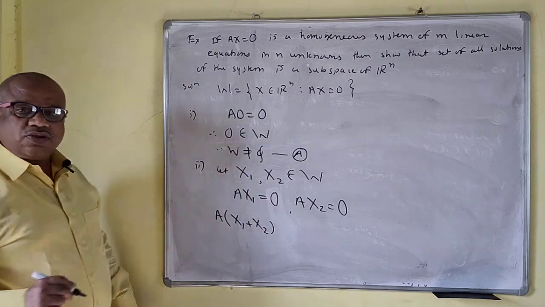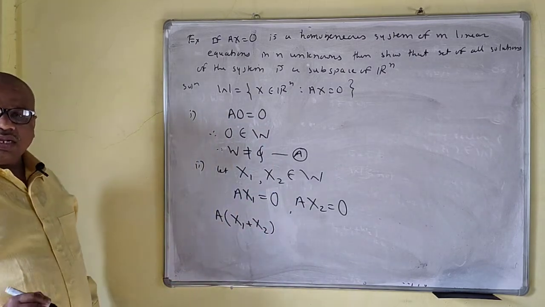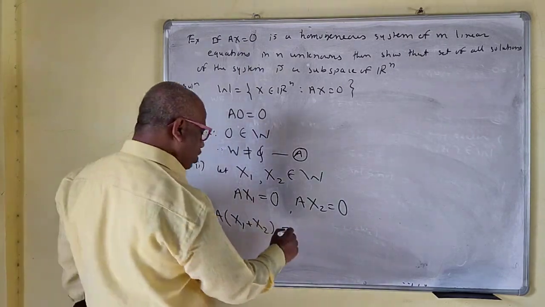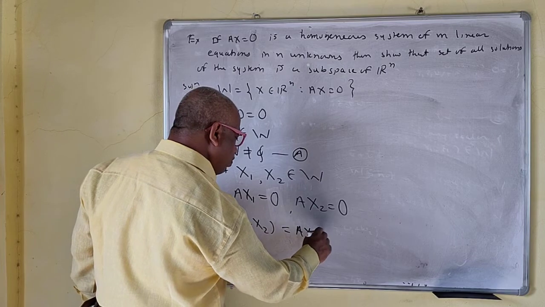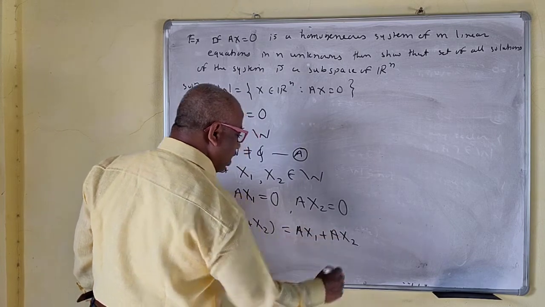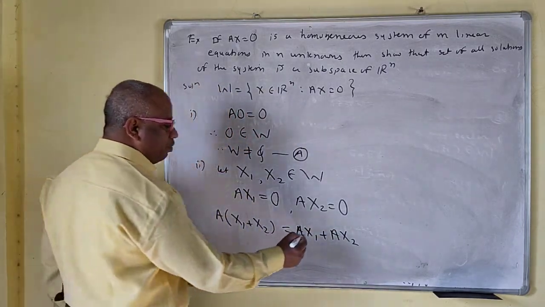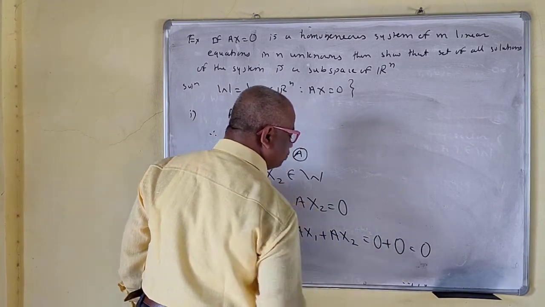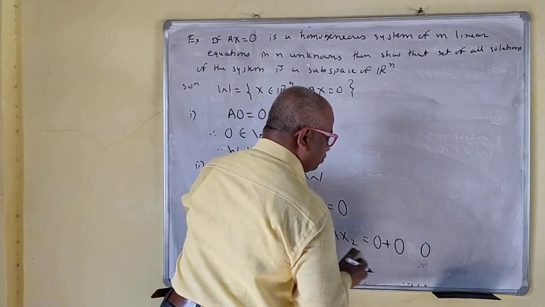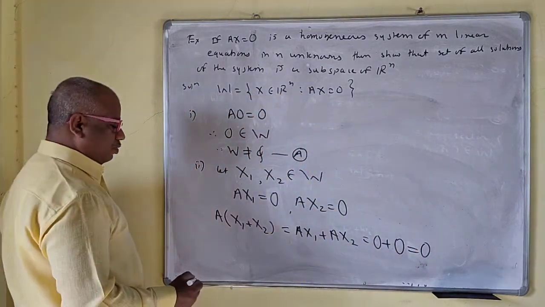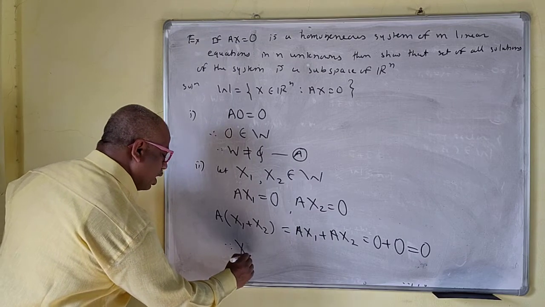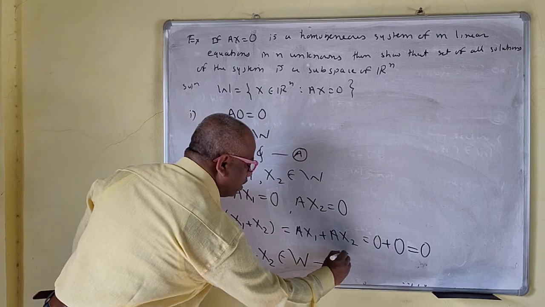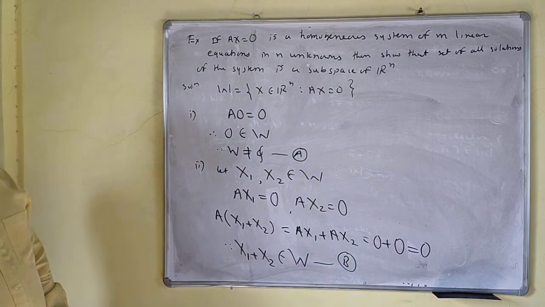It is Ax1 plus Ax2, but Ax1 is 0, Ax2 is also 0, so this is 0. So therefore x1 plus x2 belongs to W. We call this as B.